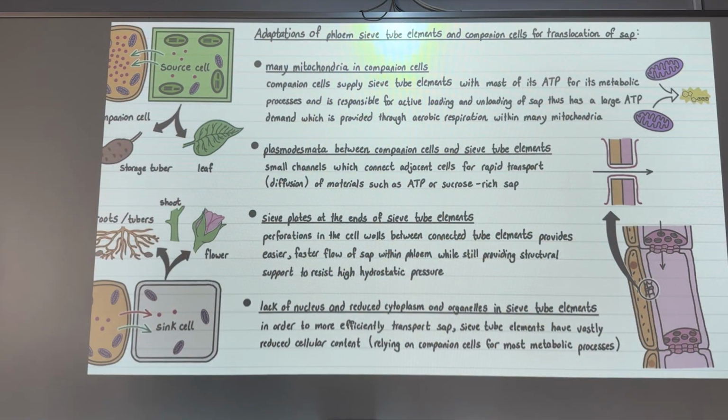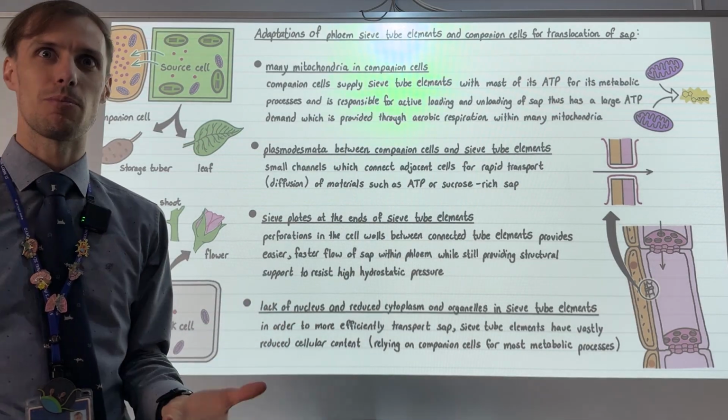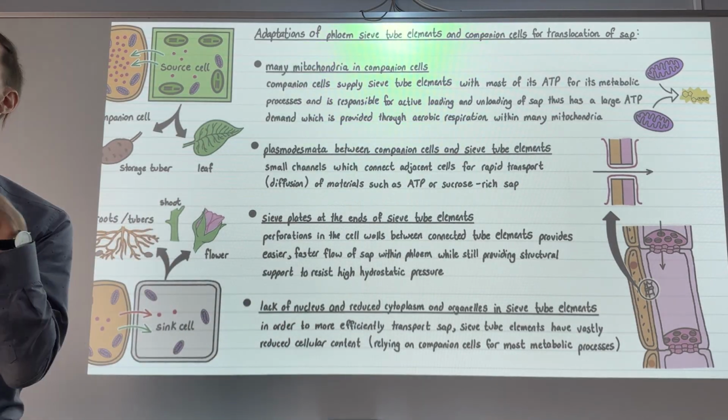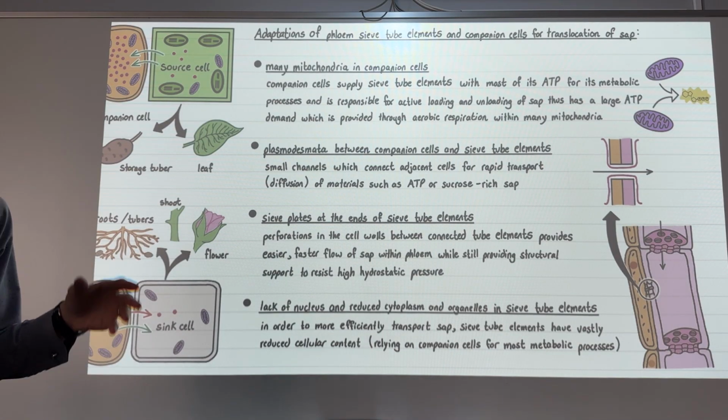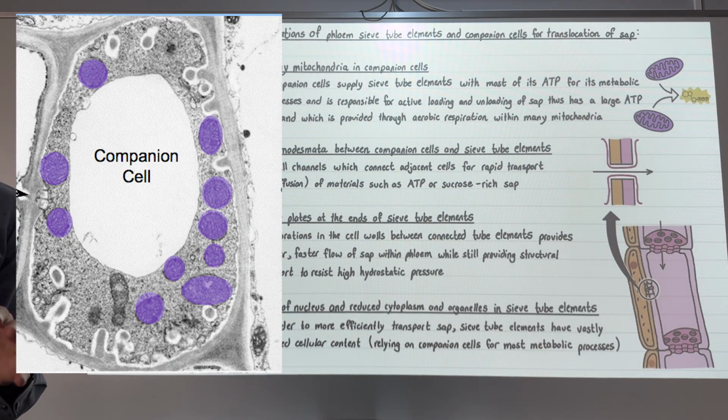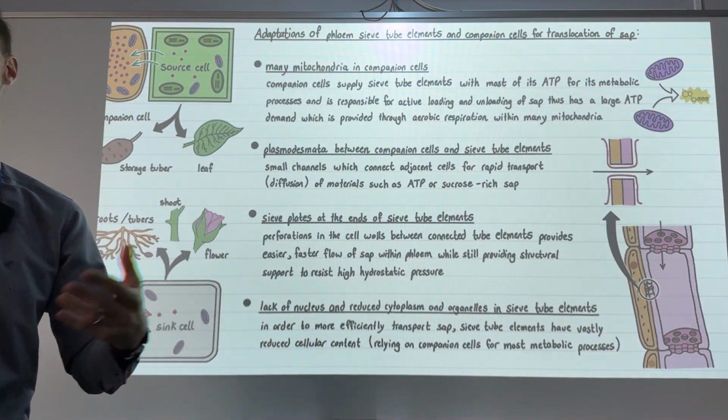The companion cells are doing a bunch of active transport. Remember, they're kind of like their life support system, so they're going to have enormous ATP demand, so it's probably unsurprising to you that they are packed full of mitochondria. They have a very high density of mitochondria within their cells to allow for very high rates of aerobic cellular respiration.